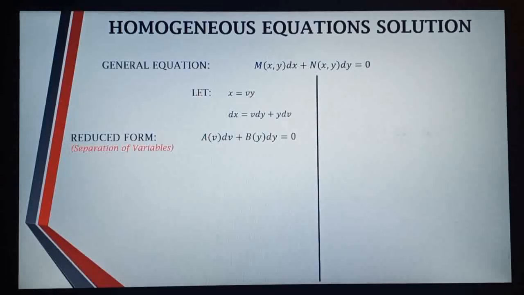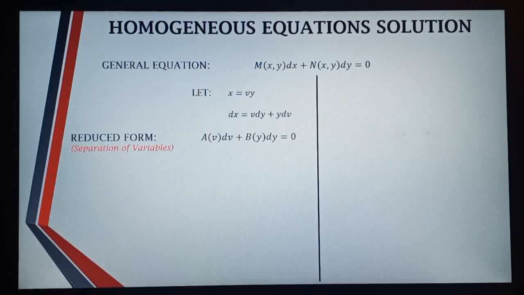So, mawawala dapat si x at si dx kasi syempre pinalitan mo na siya ng new variables mo, which is vy, and si dx pinalitan mo ng v dy plus y dv. So, your whole equation or the new equation now is in terms of A of v dv plus B of y dy. So, dapat from homogeneous equation, you will be in the form of separation of variables.